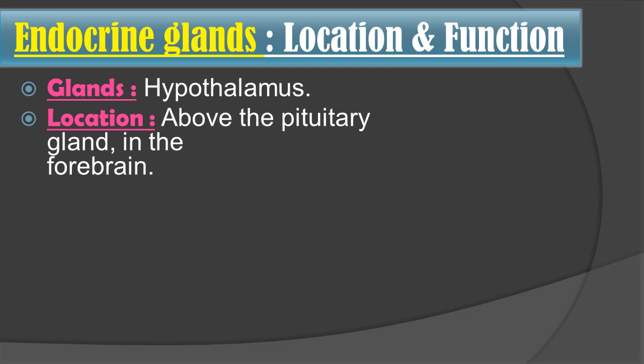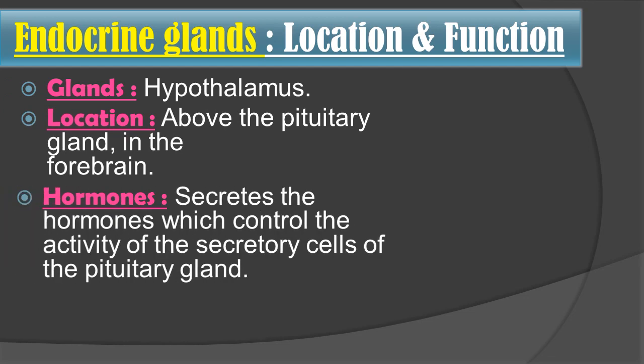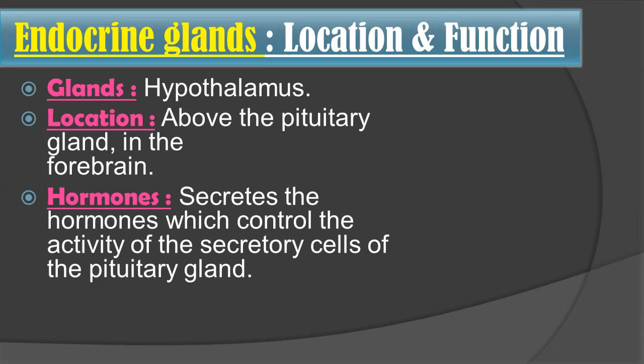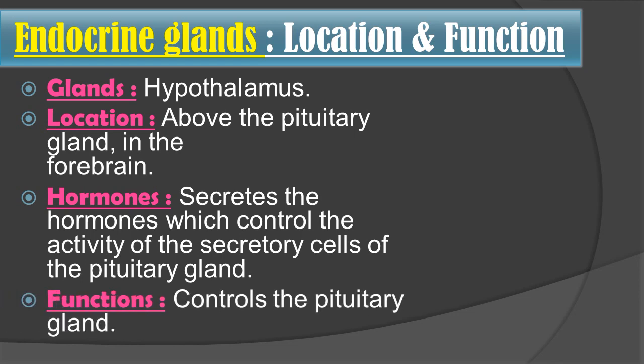Now forebrain includes the cerebrum, which is the largest part of the brain. The hypothalamus secretes a hormone which controls the activity of the secretory cells of the pituitary gland. So the function of hypothalamus is to control the pituitary gland.